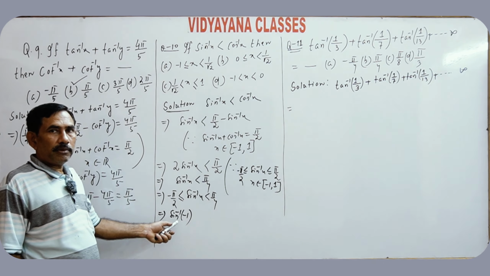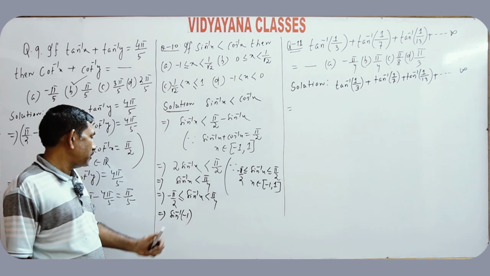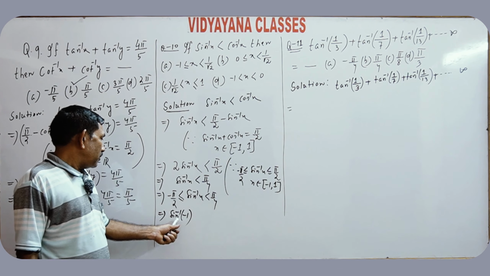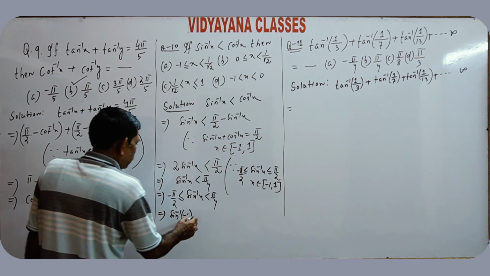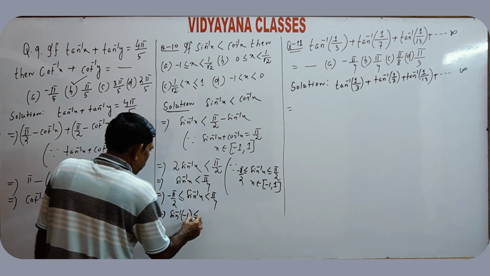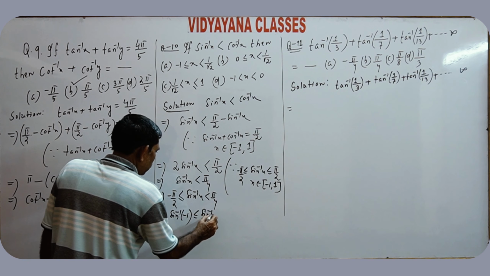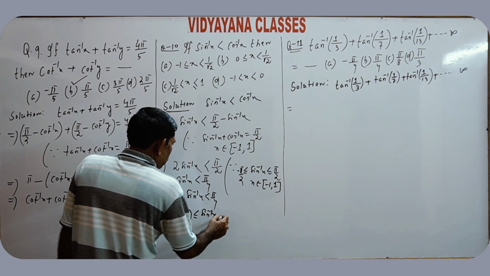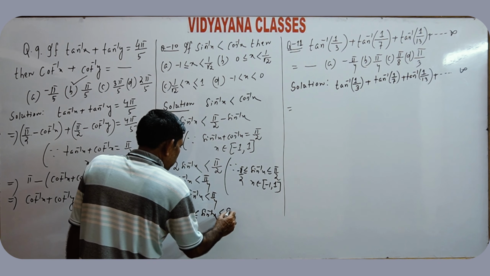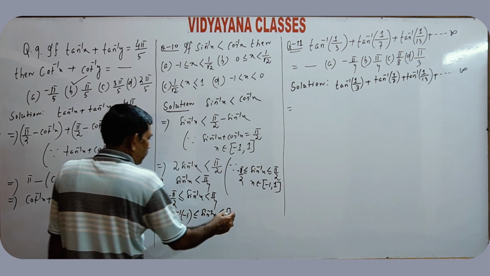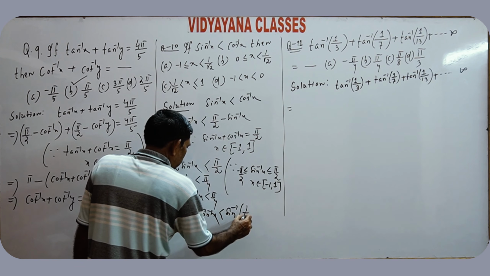Sin inverse minus theta is equal to minus sin inverse theta. Sin inverse 1 is equal to pi by 2, so it is minus pi by 2, less than or equal to sin inverse x less than sin inverse 1 by root 2.